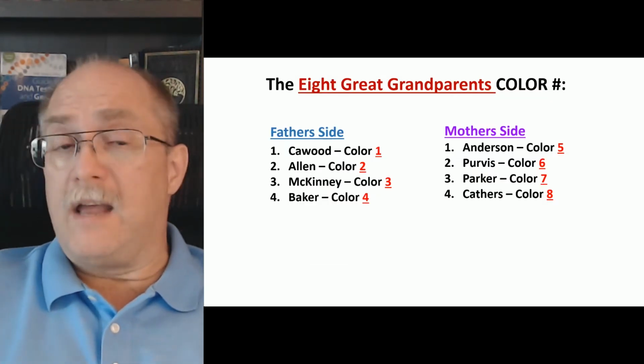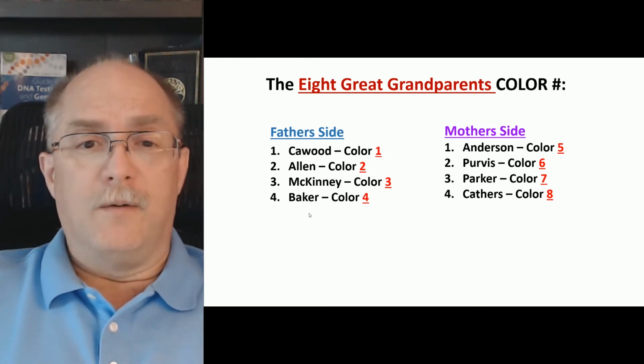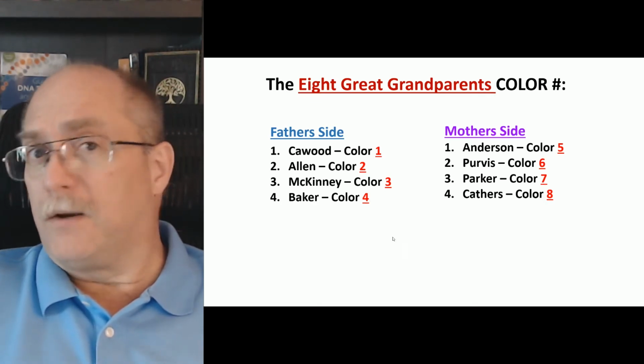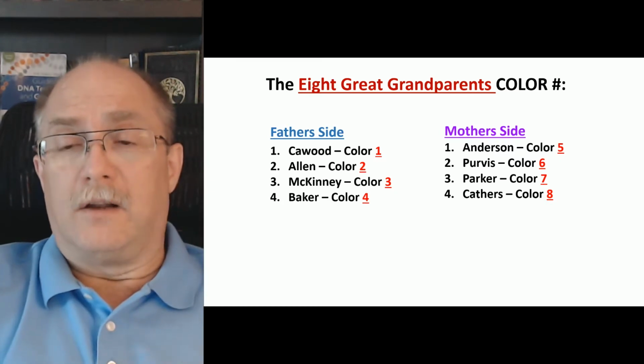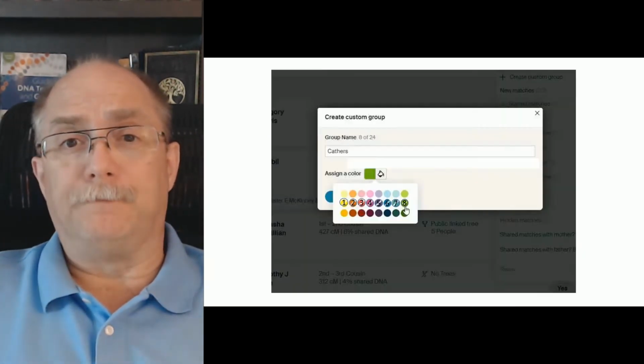To illustrate that for this particular example, color 1 is for Kaywood, color 2 is Allen, color 3 is McKinney, color 4 is Baker, and so on. That's the father's side and the color codes, the mother's side and the color codes for her grandparents.